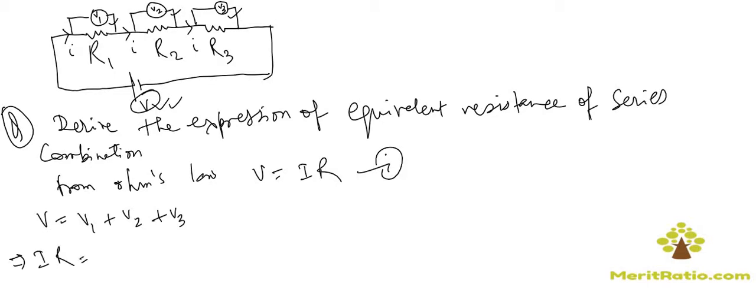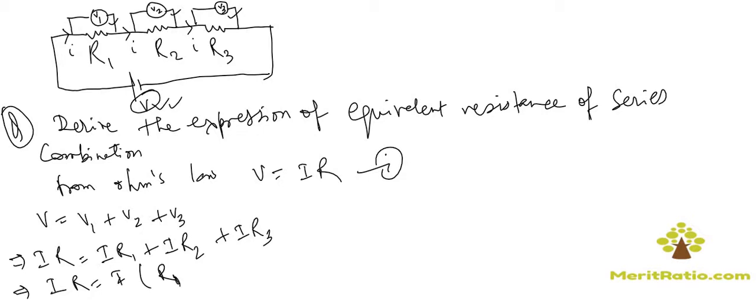From Ohm's law, V1 is IR1, since I remains same across each resistor. So this will become IR1, this will become IR2, this will become IR3. After taking the common I, we are getting R1 plus R2 plus R3.